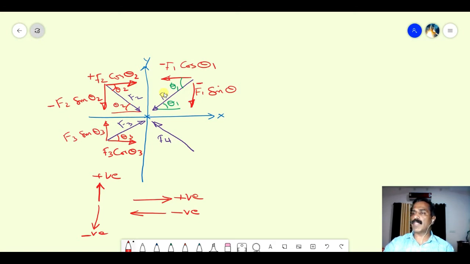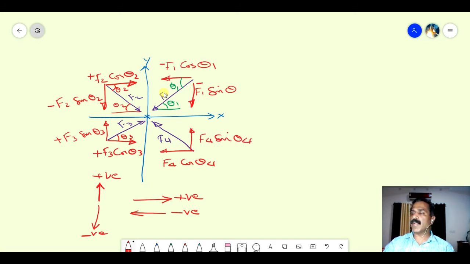What about the sign? Both are positive. It is vertically upwards. This is towards right. For F4, the horizontal component will be this one, and it is F4 cos theta 4, and this is the vertical component F4 sin theta 4.